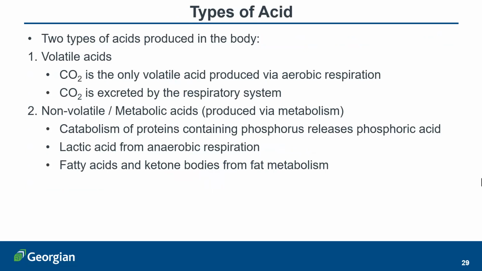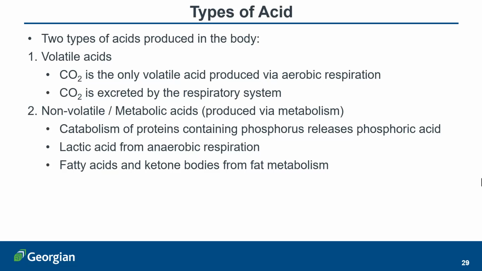There are two types of acids produced in the body. Volatile acids, which is really just CO2. CO2 is the only volatile acid produced via aerobic respiration and is excreted by the respiratory system. The other class of acids produced in the body are the non-volatile or metabolic acids. They're called metabolic acids because they are produced as byproducts of metabolism.